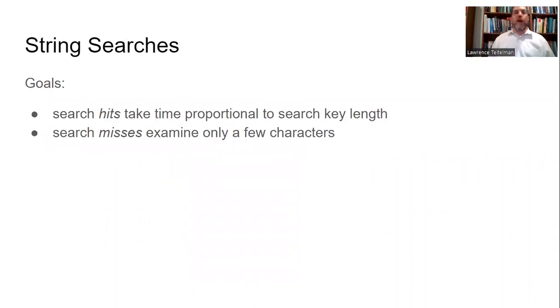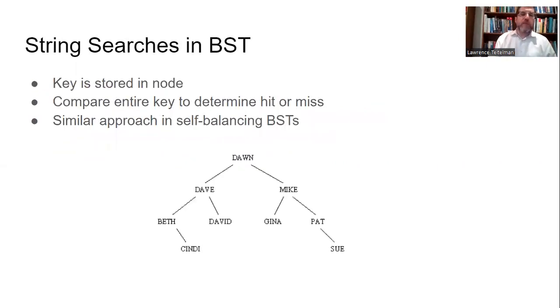We're going to move on to another tree structure, and it's guided by the following. This is particularly for strings. You'll appreciate this more with an example. Let's say I am looking for the name David in a binary search tree that looks like this.